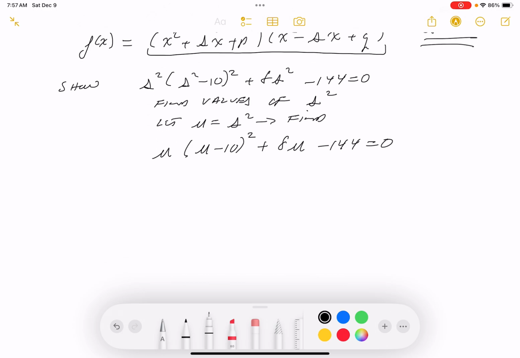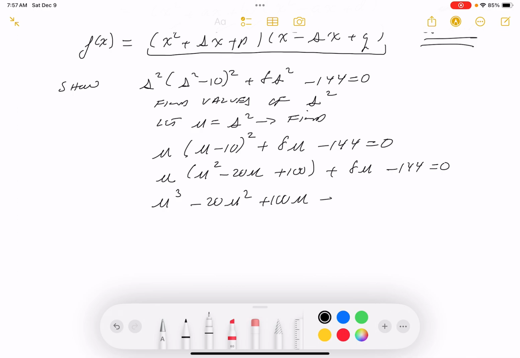Looks like a third degree polynomial. So hopefully we'll find three solutions to this. So u squared minus 20u plus 100 plus 8u minus 144 equals 0. What do you get there? You get u cubed minus 20u squared plus 100u plus 8u minus 144 equals 0.